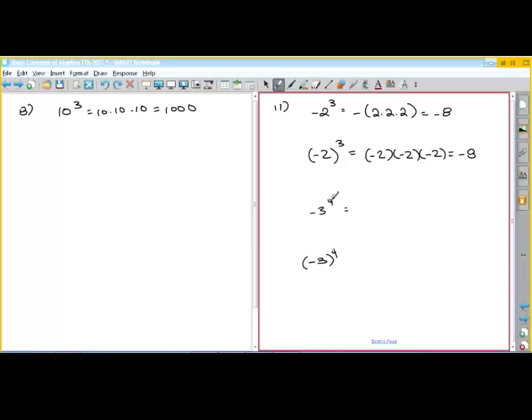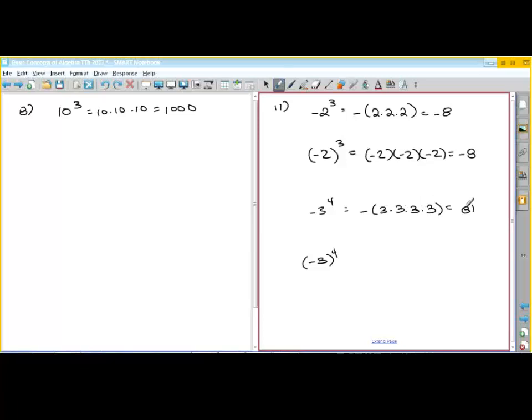So this is what I expect you to do on the test. If I give you this, I don't want you to go into your calculator and enter negative 3 to the 4th and get an answer. What I expect is for you to write out what this really means, which is negative 3 times 3 times 3 times 3, because we do the exponential first in this case, and then we take the negative of that.